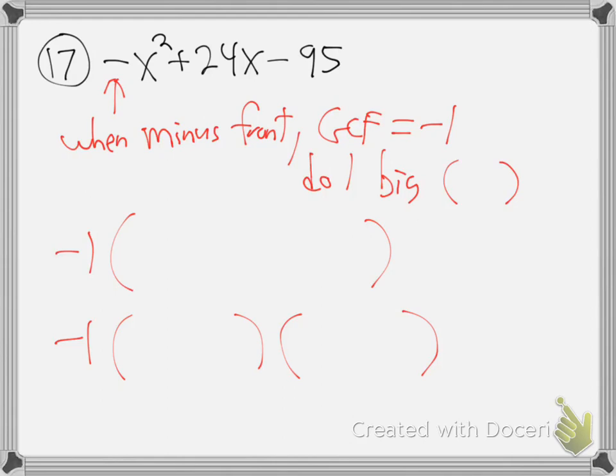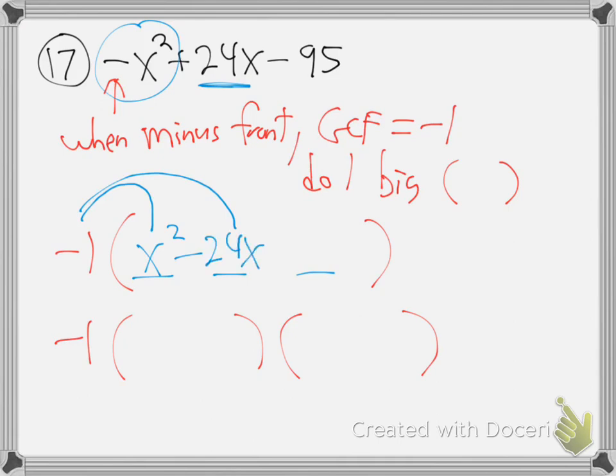Okay, so what's going to go on the inside? -1 times what will be minus x squared? Regular x squared, right? So, -1 times what makes the middle? Negative times negative 24 makes positive 24. And negative times positive 95 goes back to negative 95. You with me? It basically changes all the signs on the inside, doesn't it?